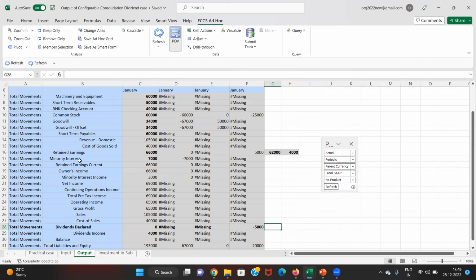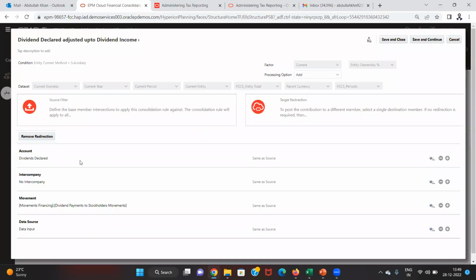My negative net amount will remain as minus 1,000, and my dividend declared can get rolled up as 4,000 at my C level.